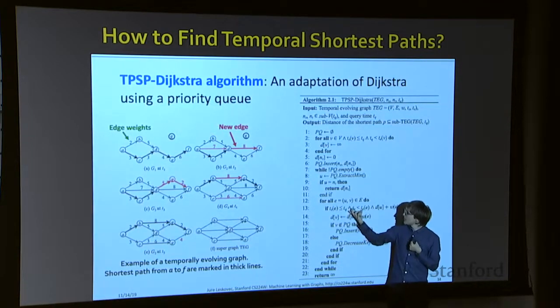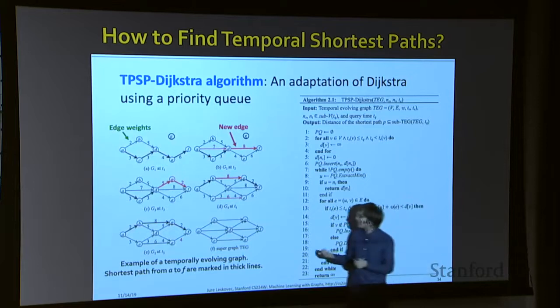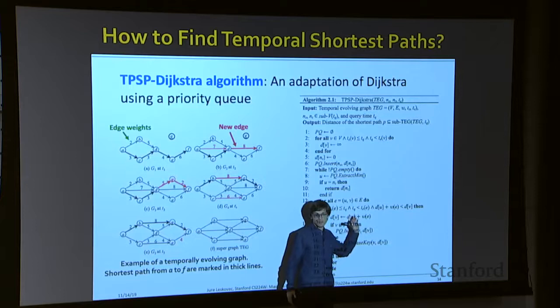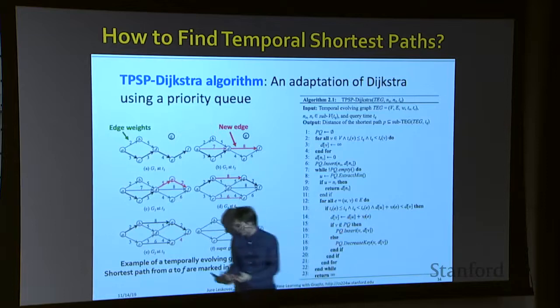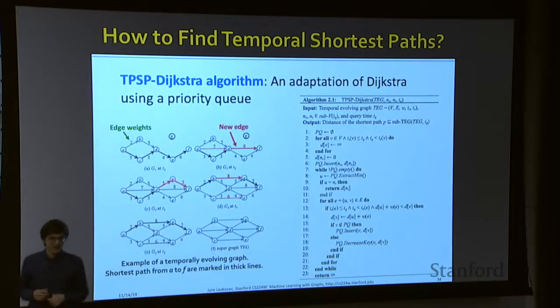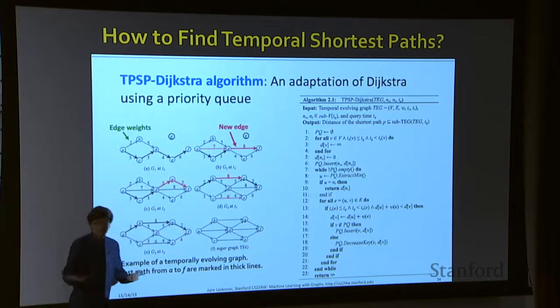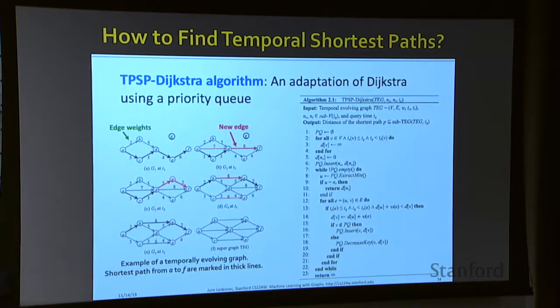Another option would be to say, let me first just materialize the graph of all the alive edges at a given time, and then run simple Dijkstra. And here we are doing the two things at the same time, which means we don't have to rerun Dijkstra. We don't have to materialize the graph, right? So we save materializing the graph. So that's the first thing I wanted to show.